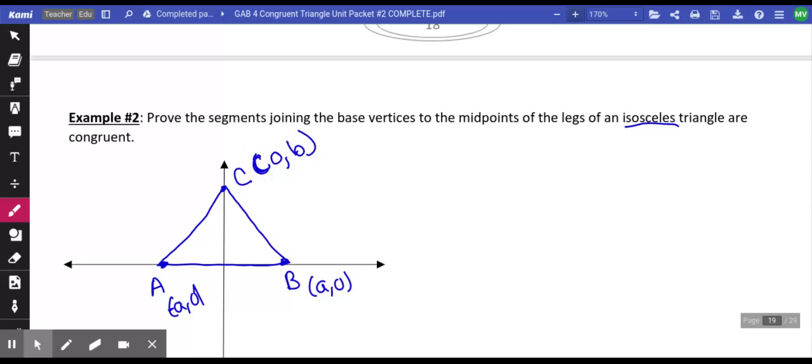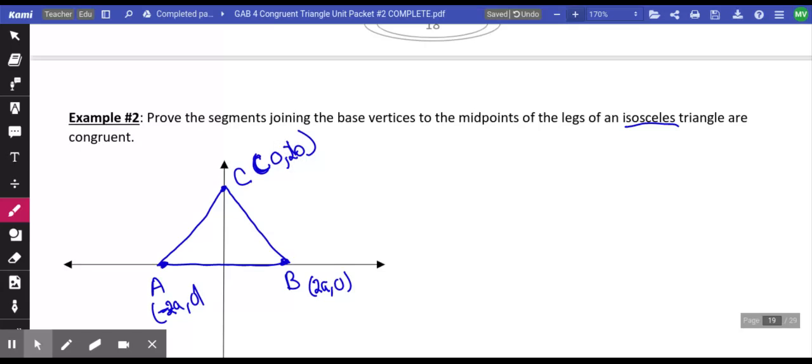Prove that the segments joining the base vertices to the midpoints of the legs. Since it says midpoint, to make it easier, instead of doing A and negative A, I'm going to do 2A and negative 2A, and I'm going to do 2B.